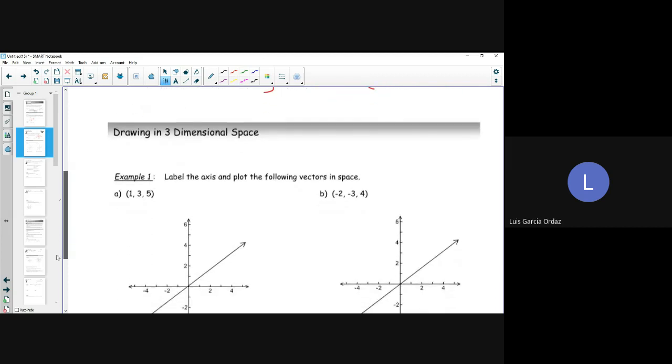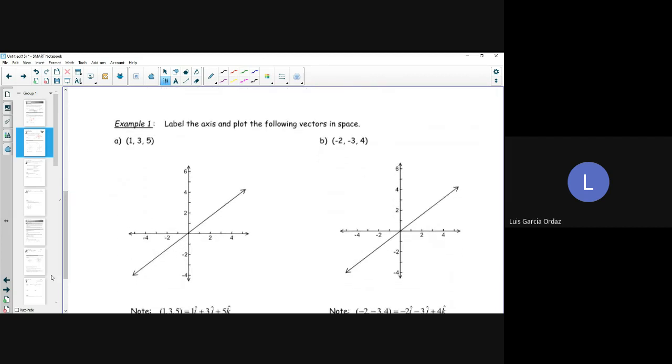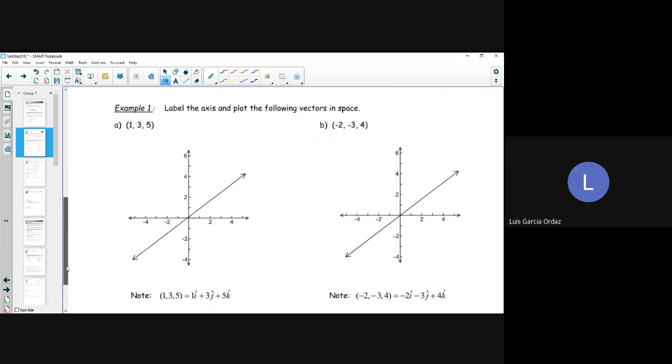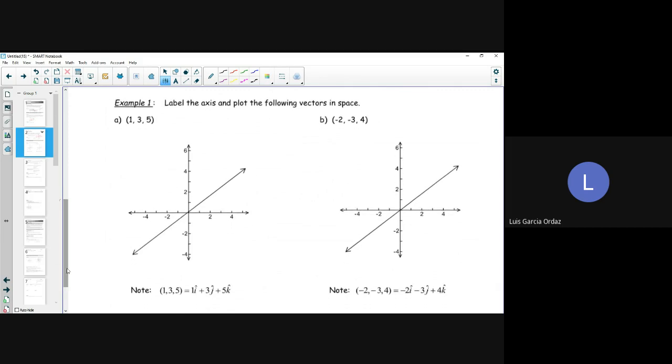So let's try to figure out how to draw, plot, and label the following vectors in space. For example, the first one is (1, 3, 5). So this is x, this is y, this is z, and according to the above, they represent i, j, and k. My first point, my x point, is going to be over here.